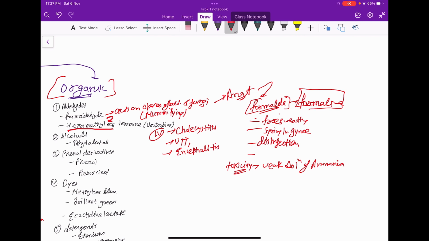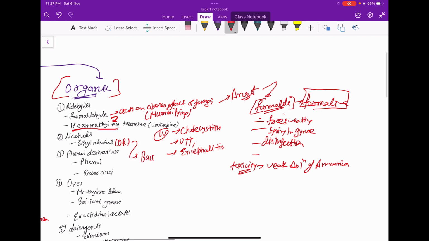Okay, guys, the next one is ethyl alcohol. As we all know, alcohol's mechanism is directly related to the inhibition of oxidoreductase mechanism, right? So let's write it here, oxidoreductase mechanism, and it's connected with dehydration and the precipitation of proteins. It also results in a bactericidal action.